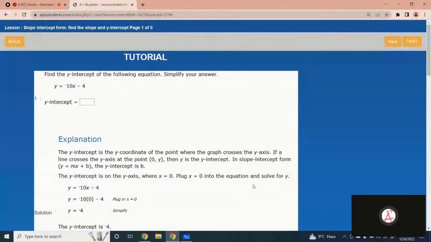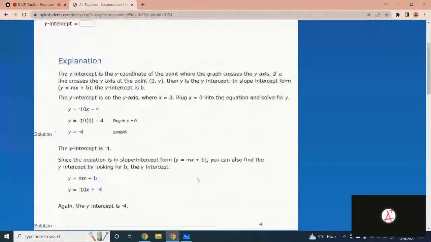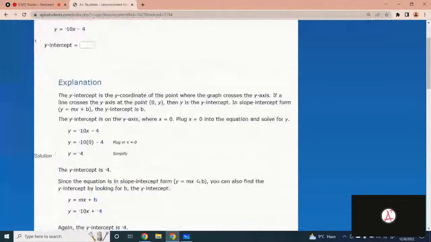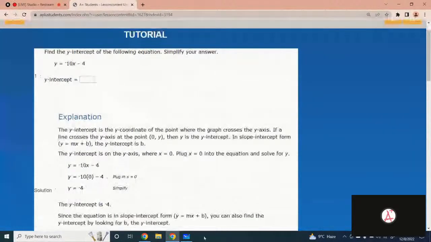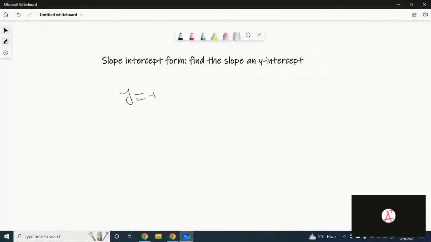It would be y equals -10x minus 4. Let me write down the equation. y equals -10x and -4.